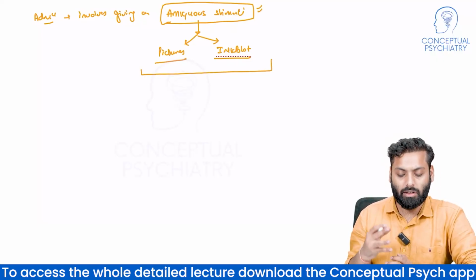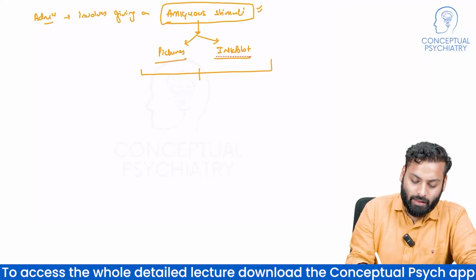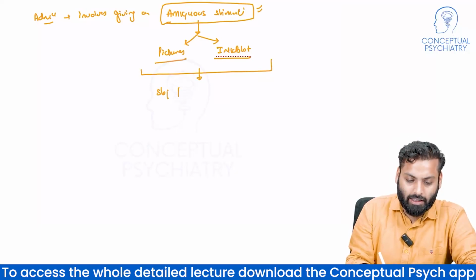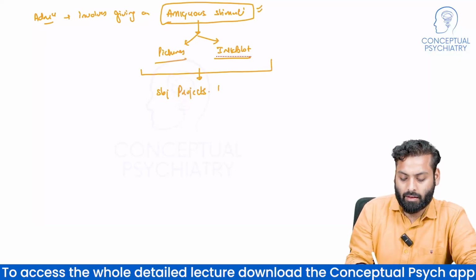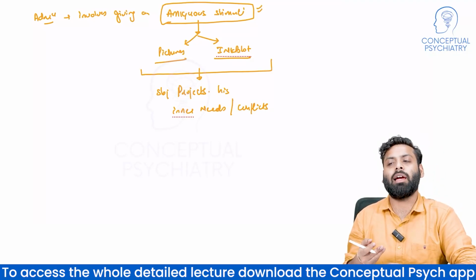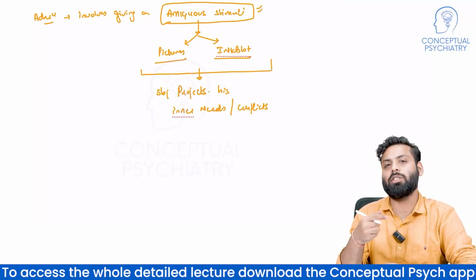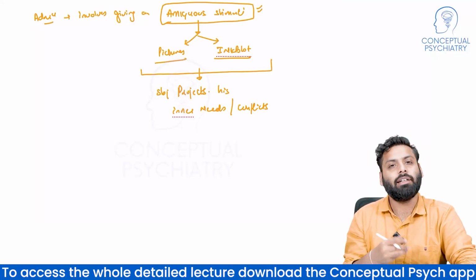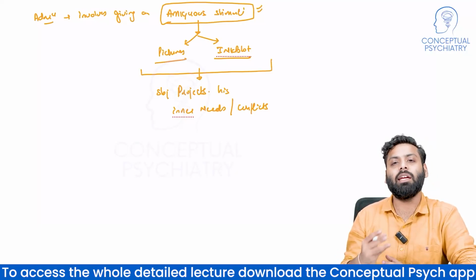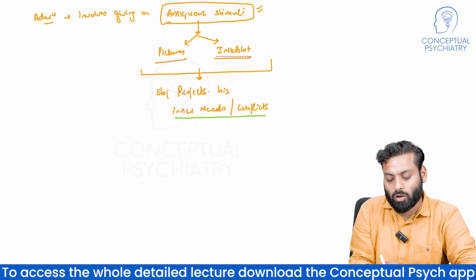On this ambiguous stimuli, the subject projects his inner needs or conflicts. When the subject sees these ambiguous stimuli and is asked to do something like make a story out of it or tell you what he sees out of it, these mainly evoke his inner needs or conflicts, right?